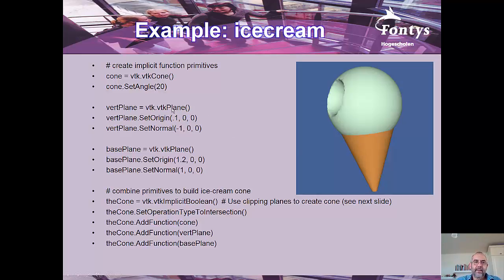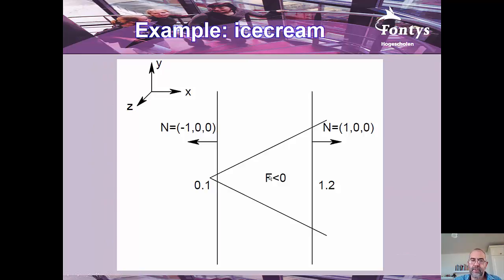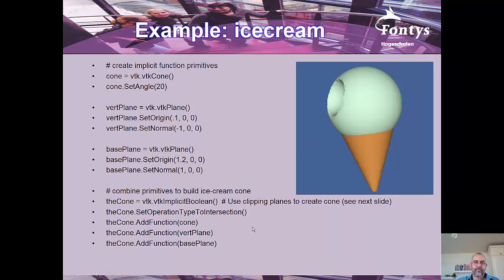We have 2 planes, a vertical plane here and here, and that is where we clip the cone. This picture probably shows it better. If this is the whole cone, as I said, the cone itself is infinite, so it will go on forever in that direction. But we define 2 planes here and here to clip it. So this part is clipped, and that part is clipped with the intersection function.